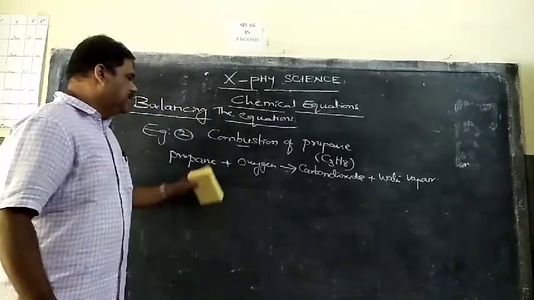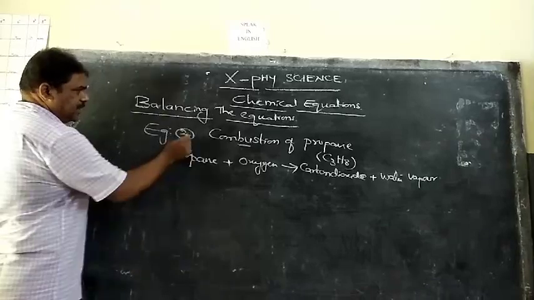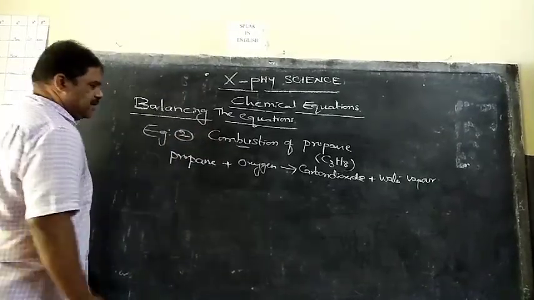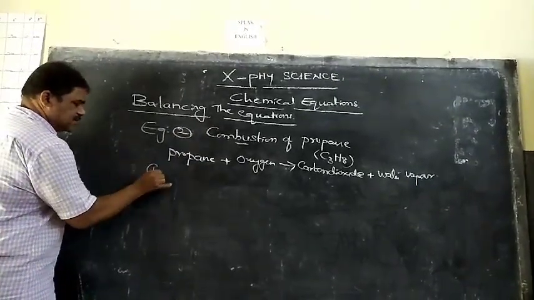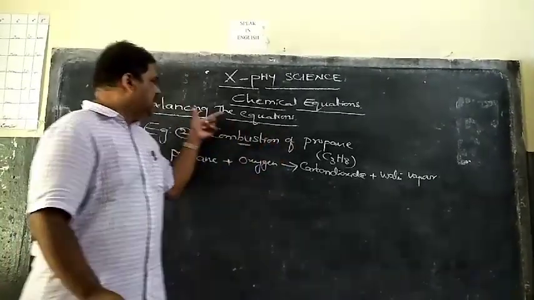Any substance when burns in oxygen, it is called combustion. Now, in balancing the equation, we have to follow 4 steps.